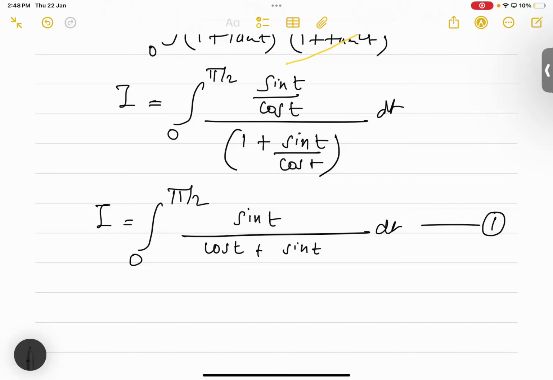Is this done, guys? No. Minus x, minus plus x, pi. That's fine.